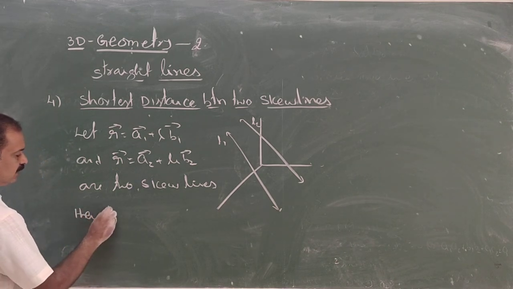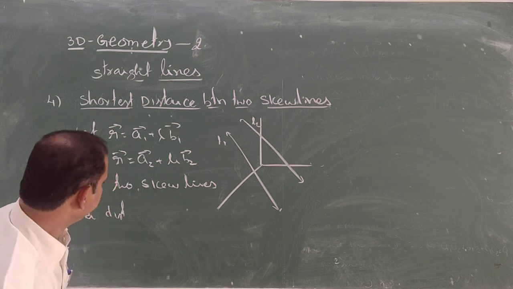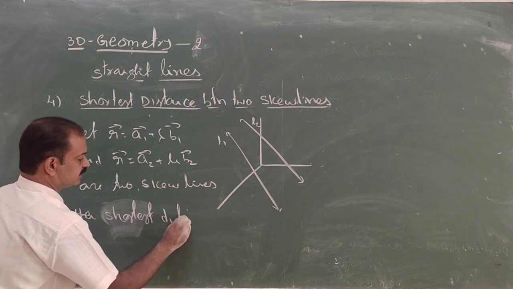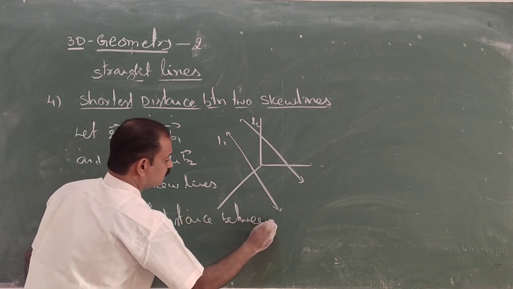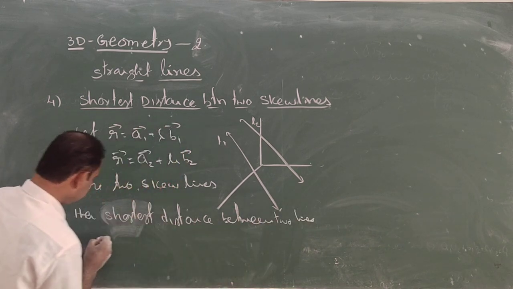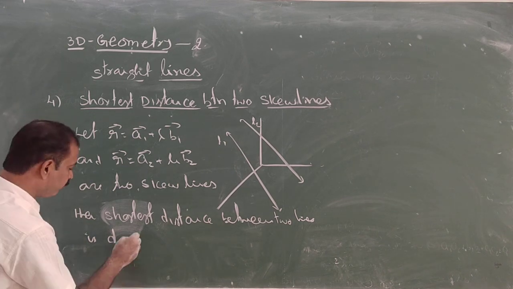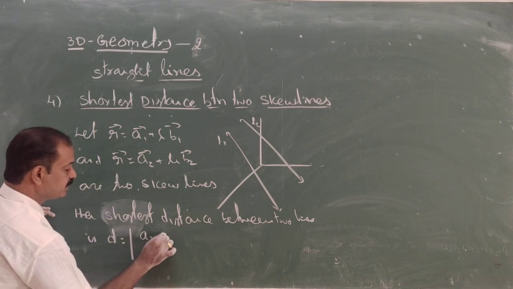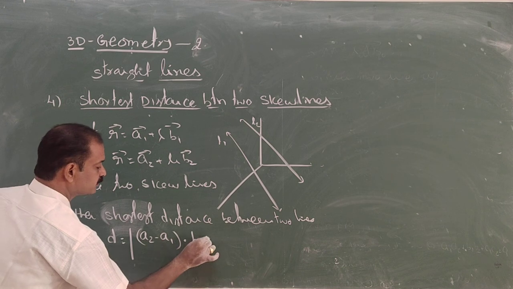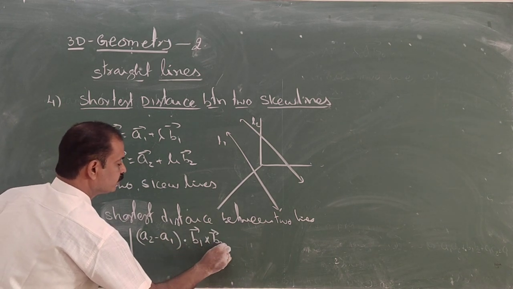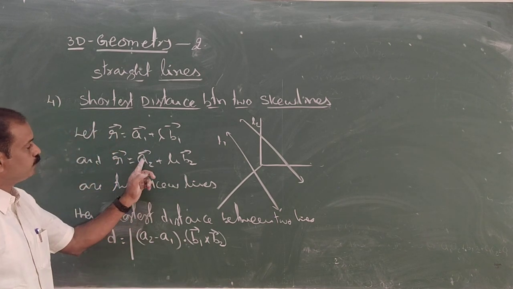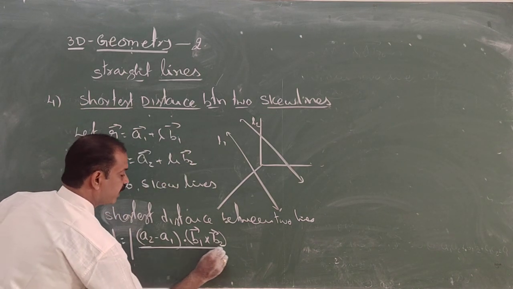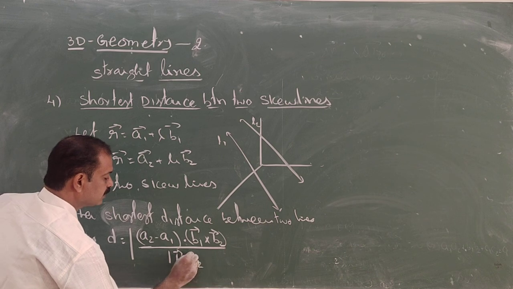Then the shortest distance between these two lines is D is equal to, distance always should be positive, therefore I am taking the modulus, of (a2 minus a1) dot product of (b1 cross b2) divided by the magnitude of b1 cross b2.